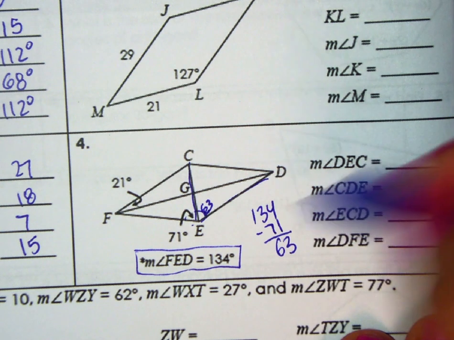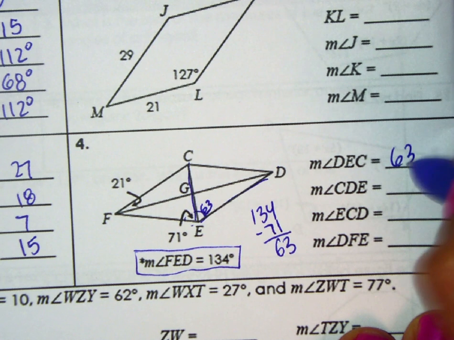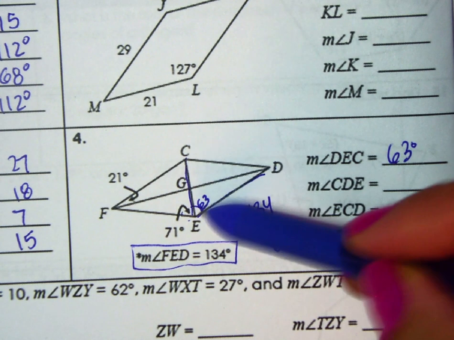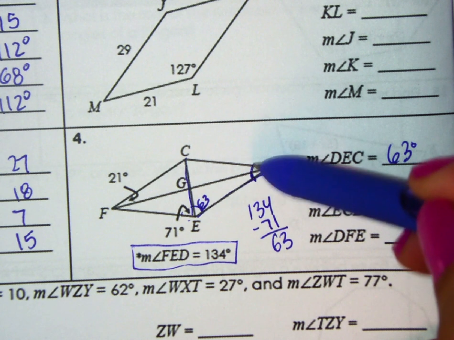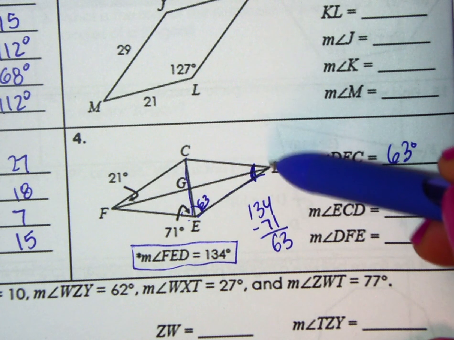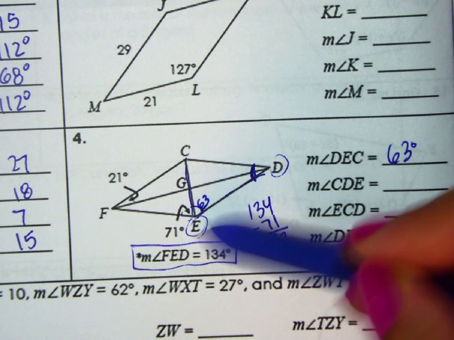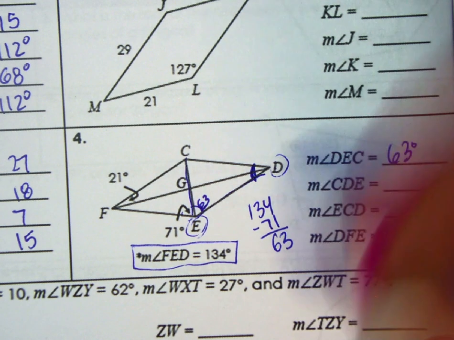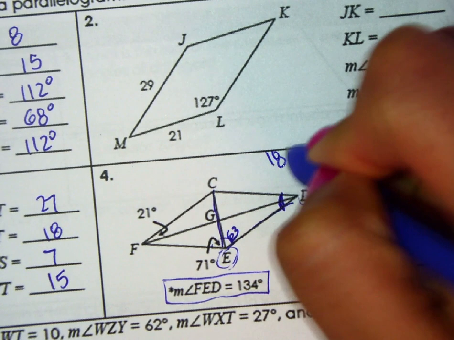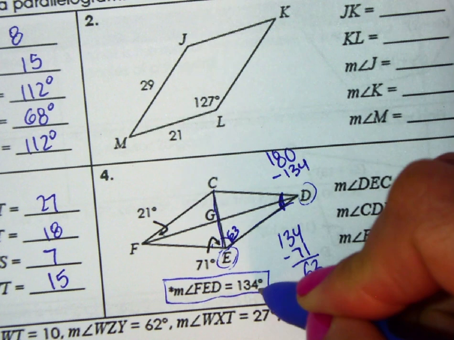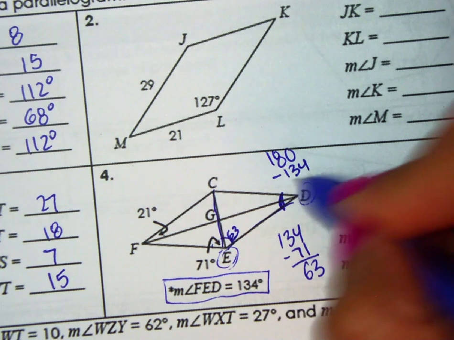So DEC is 63. Then you have CDE, which is the whole thing right here. The whole thing is a consecutive angle to angle E. So angles D and E are consecutive, and they add up to 180. We're going to do 180 minus 134 because the other angle already equals 134.